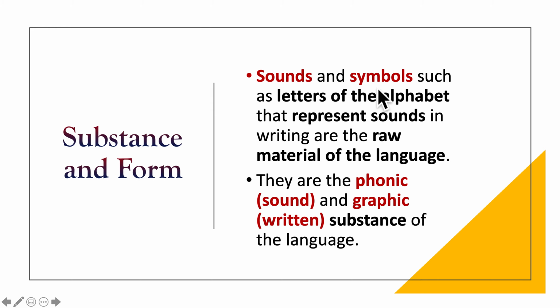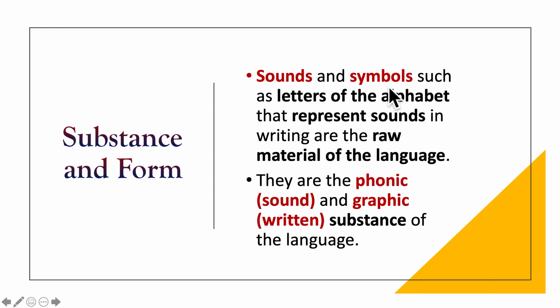Sounds and symbols, such as letters of the alphabet that represent sounds in writing, are the raw material of the language. How many sounds do we have in the English language? We have 44 sounds.